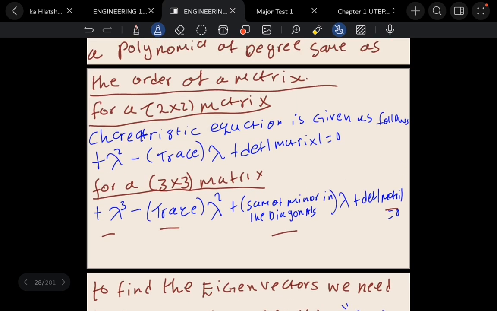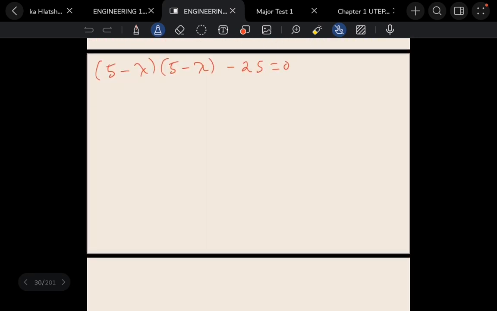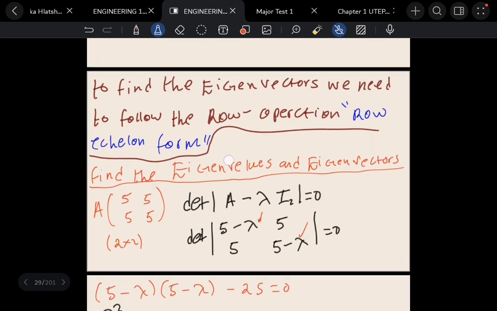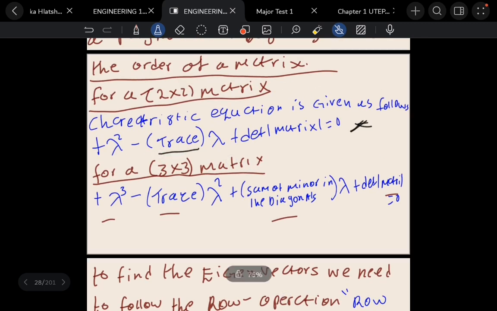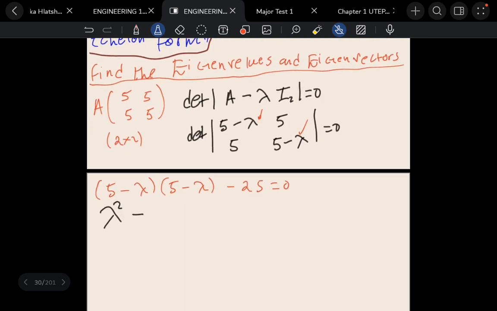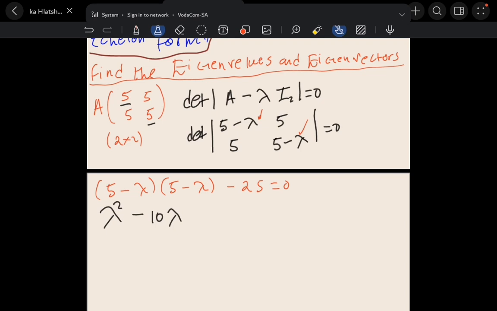Now you can waste your time to simplify the thing, but what you can actually do is follow this rule here because it's a 2 by 2. So first I'm going to start with lambda squared minus the trace of the matrix. The trace is when you add the entries in the main diagonal. So it's 5 plus 5, which is 10 lambda, and then we need to find the determinant of this matrix. Because the rows are equal and the columns are also equal, the determinant of that matrix is 0.